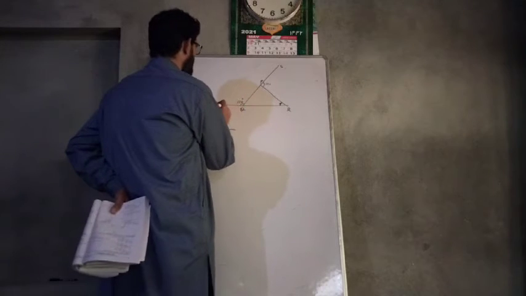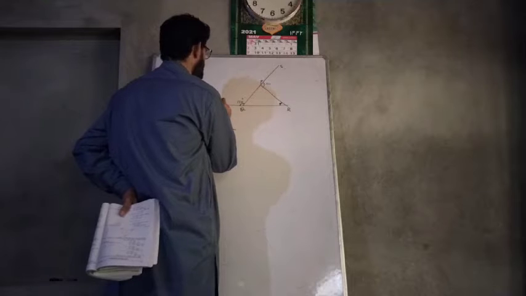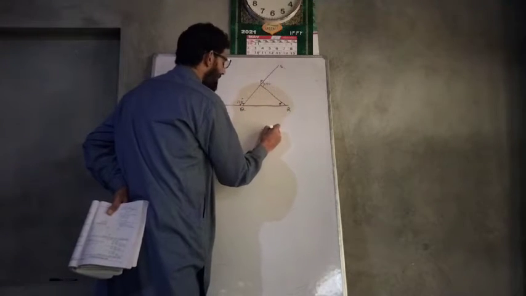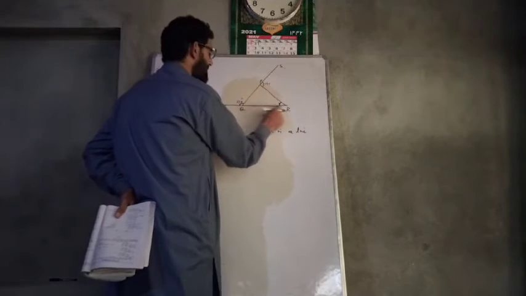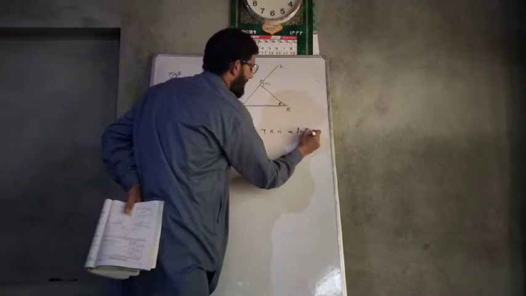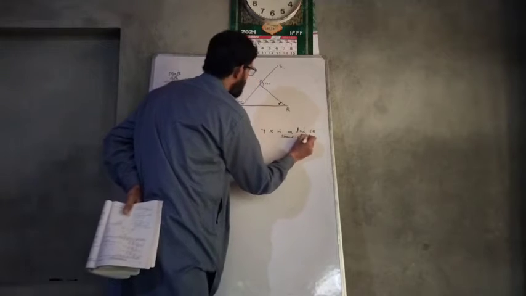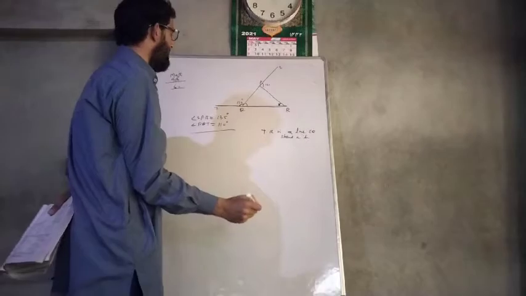Now see the solution. TR is a line, and PQ stands on it. Obviously it is a linear pair. Therefore this angle plus this angle is equal to 180.